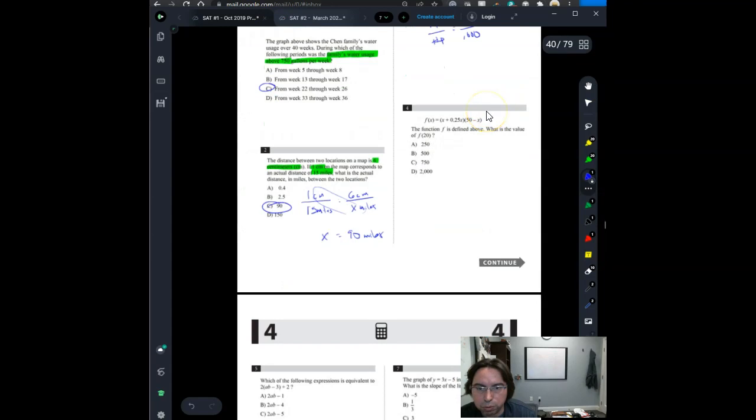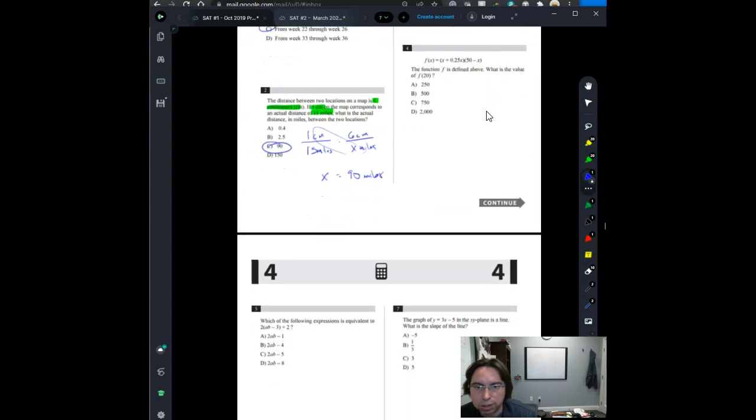Okay, number 4. This is basically just a function problem. We're plugging in 20 for x, in each place it appears, and seeing what the value is. So let's write this expression out: f of 20 equals 20 plus 0.25 times 20, multiplied by 50 minus 20.